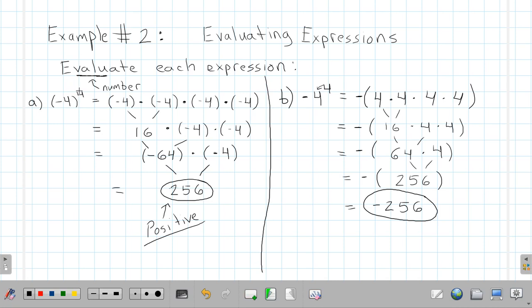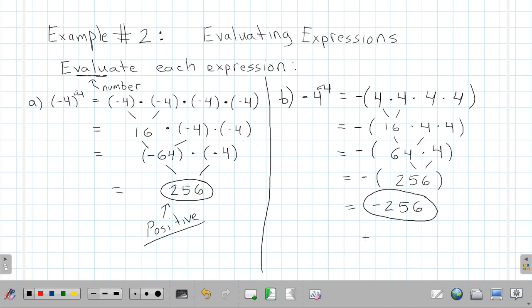Once again, notice here the 4 is directly next to the parentheses. Okay, and since it's directly next to the parentheses, it's directly next to everything that's in the parentheses. Here, there's no parentheses, so this exponent is only modifying or being used by the number that's directly next to it, which is the 4.